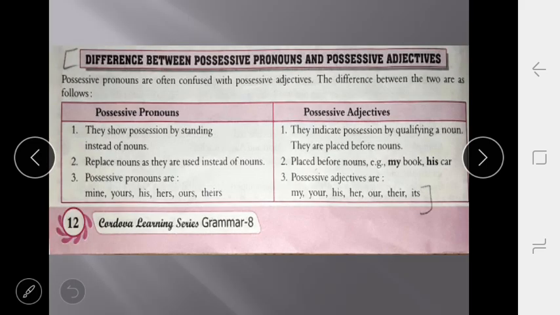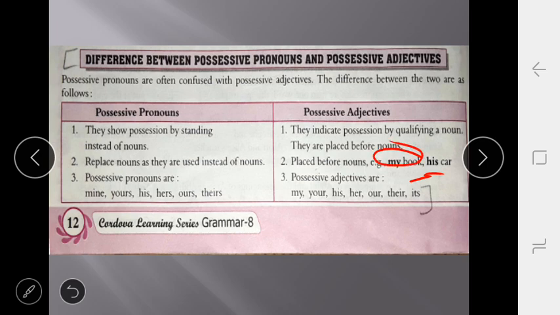Now look at the second part of your exercise, that is based on the difference between possessive pronoun and possessive adjective. When we use a word instead of a noun, that is a possessive pronoun, and a possessive adjective comes before a noun. Suppose here book is a noun and my is the adjective.